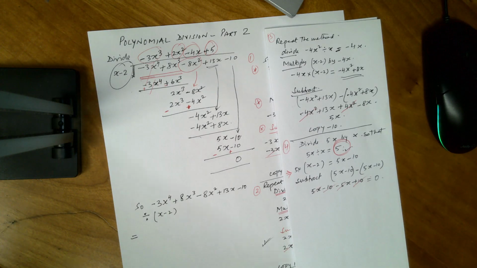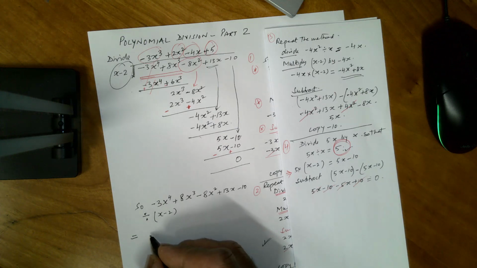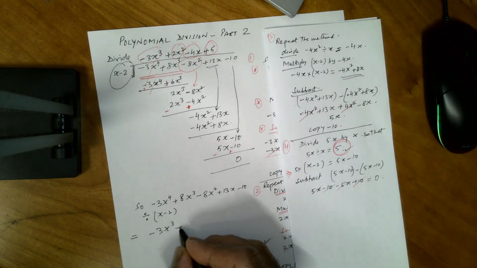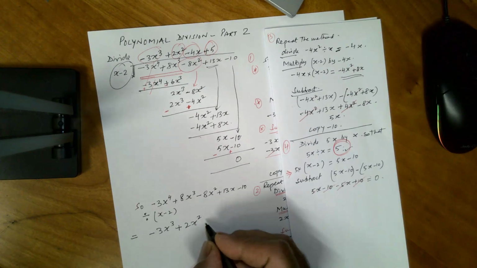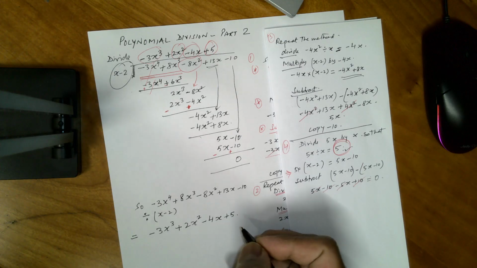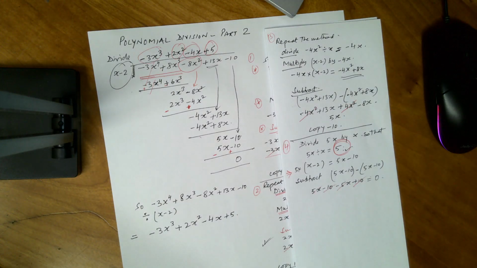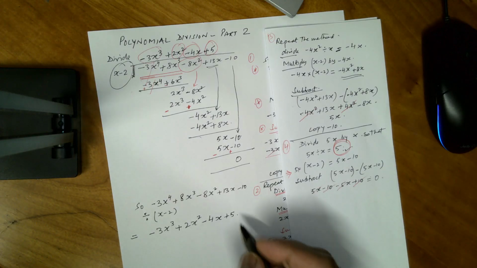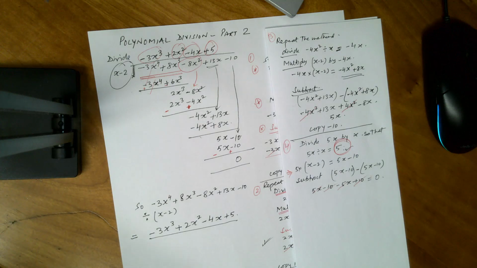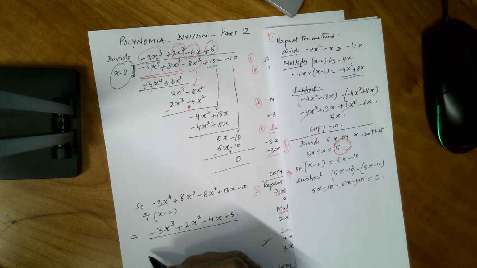Okay, so now towards the end, you need to write answer to that as well. So what you got here, minus 3x cubed plus 2x squared minus 4x plus 5. So that is your answer. Okay, now I also have just mentioned in my last video that this bit here, your answer, actually in polynomial division we call this a quotient.